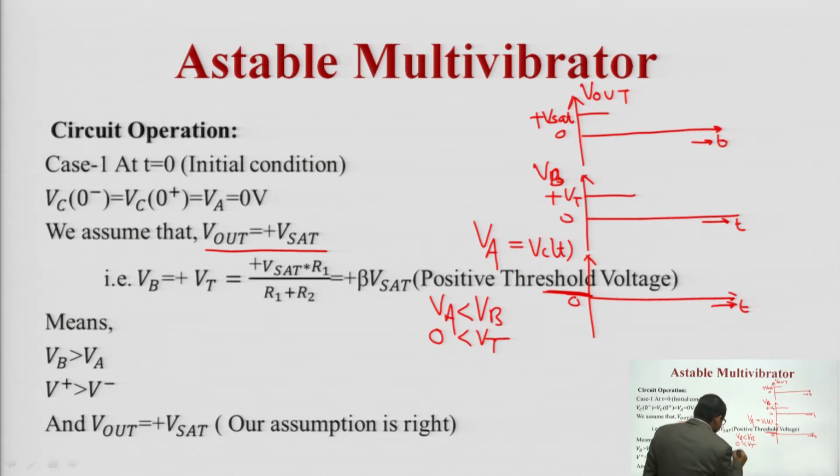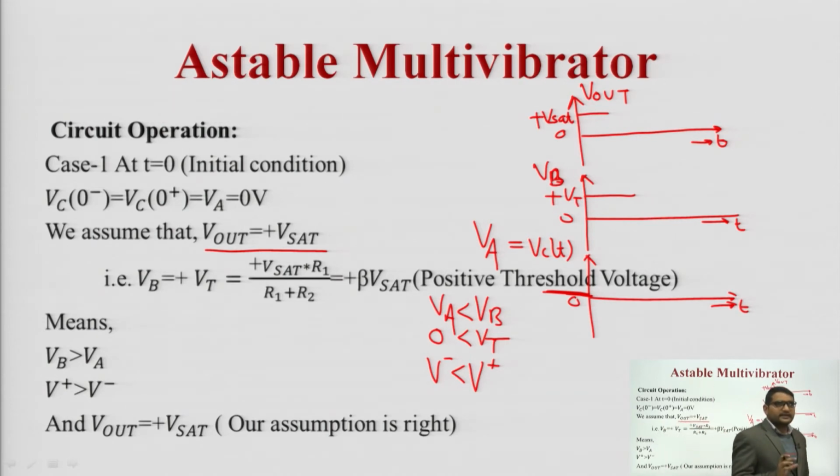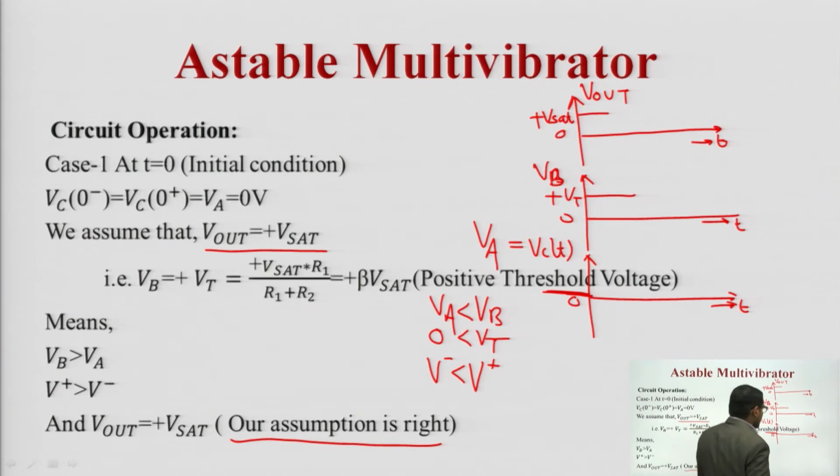We can simply say that V minus is less than V plus, meaning the inverting terminal voltage is less than the non-inverting terminal voltage. For this condition, our V out is equal to plus V_sat. It means our assumption is right. This is the waveform for case first.